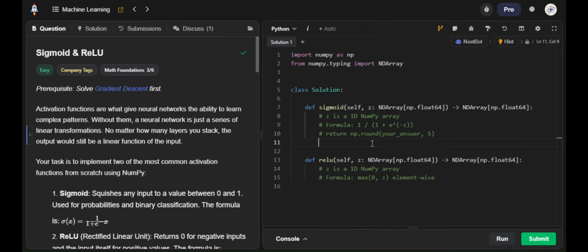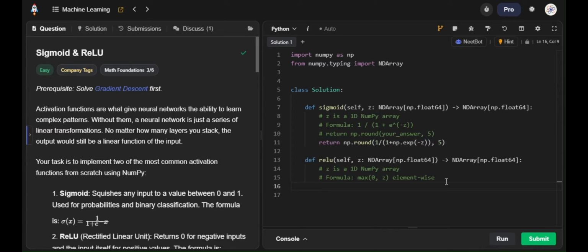We will be using the NumPy library for this, and then using it we can directly return np.round because we have to round our answer to 5 decimal places. Then we can implement it like this. We have to apply the formula np.round of 1 upon 1 plus np.exp, which is e to the power minus z, and after it we have to write 5 because we want to round it to 5 decimal places.